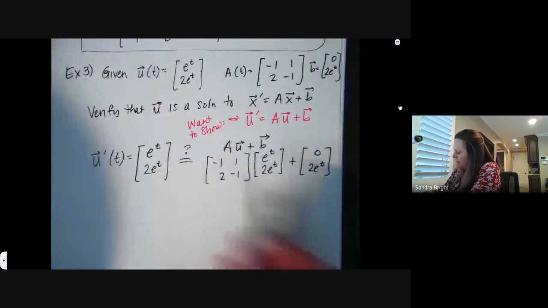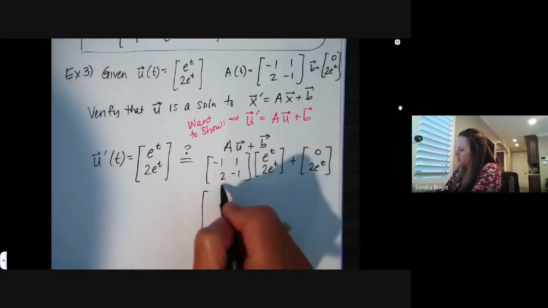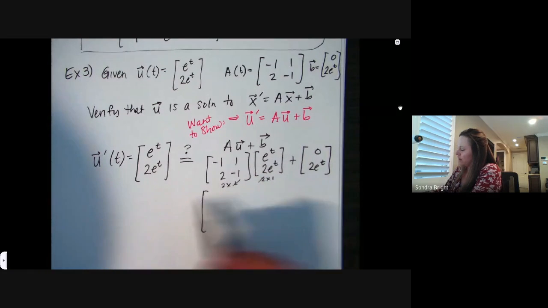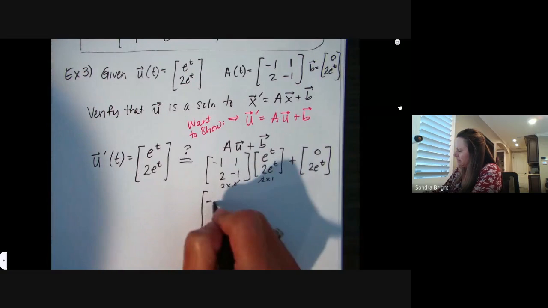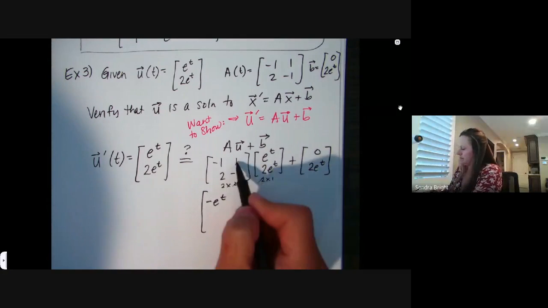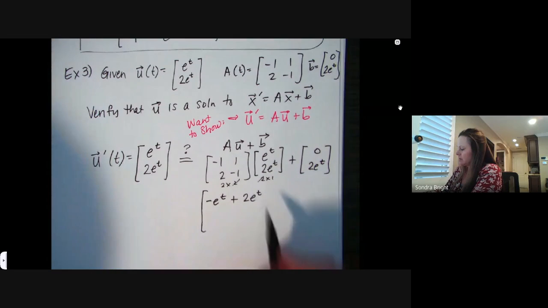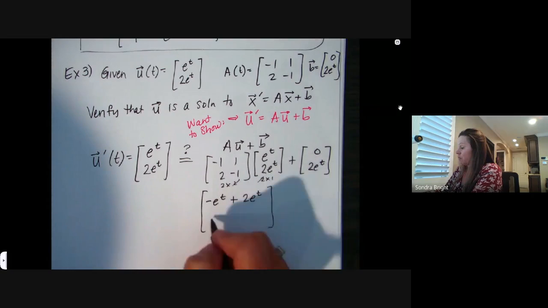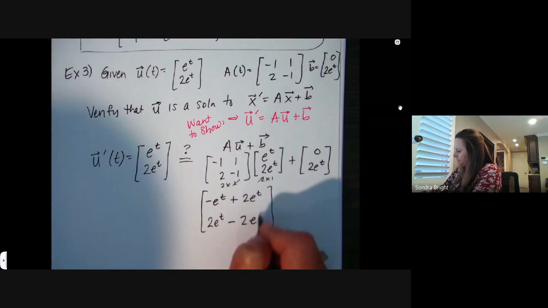This is a 2 by 2 and a 2 by 1, so my answer will be 2 rows, 1 column. It'll be -1 times e to the t plus 1 times 2e to the t, and then row 2 times the column, 2 times e to the t plus -1 times 2e to the t. And then we still have plus this other matrix.